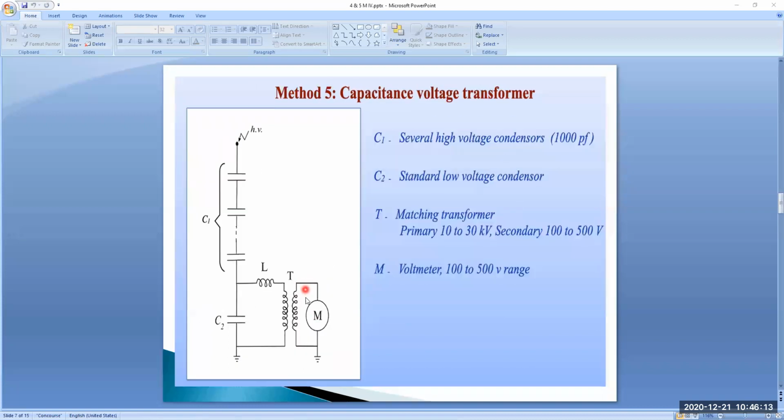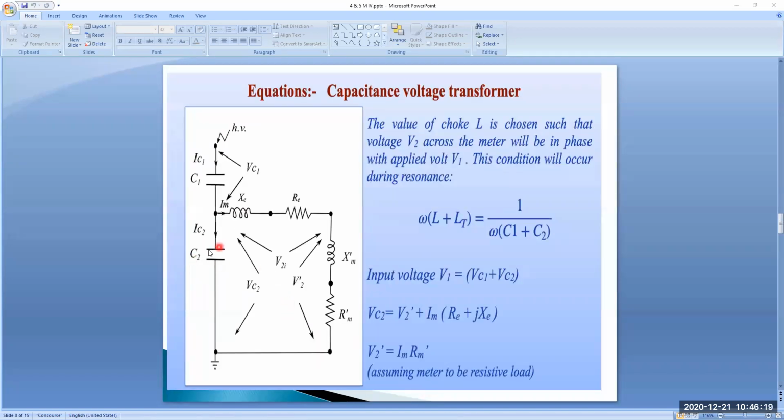This voltage is nothing but the voltage across the capacitor C2 and the transformer equivalent. That means V2 dash is nothing but the addition of VC2 and V2I. The addition of these two voltages is called V2 dash. Understood?